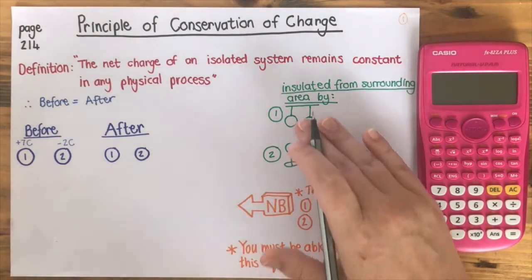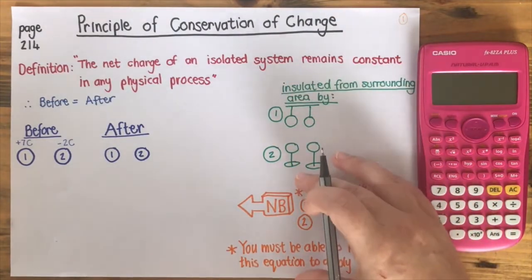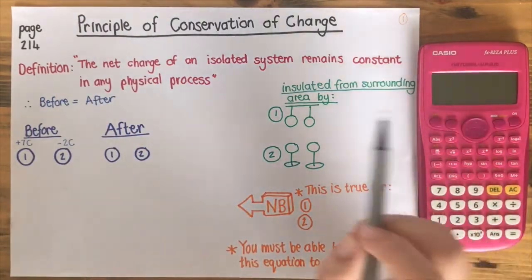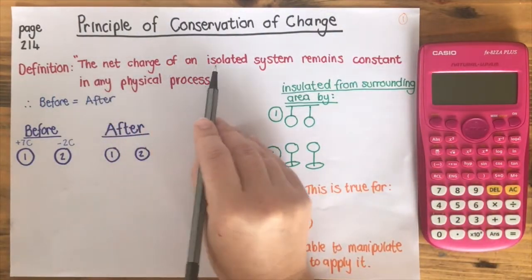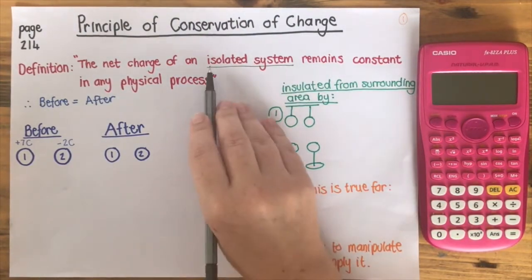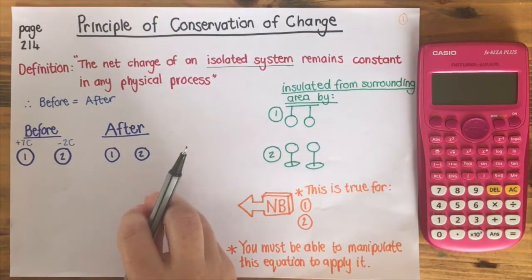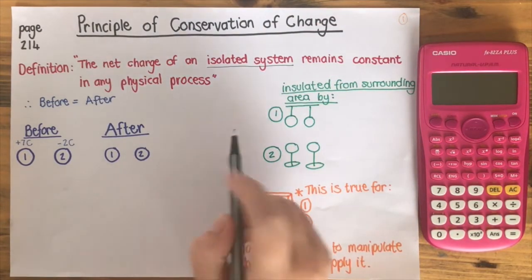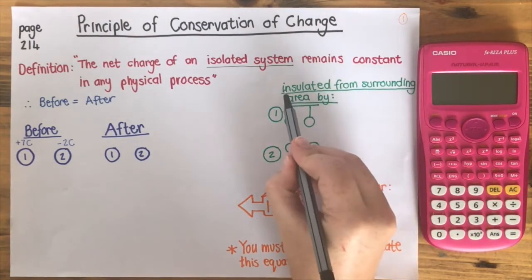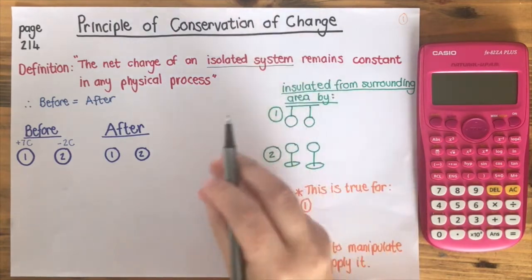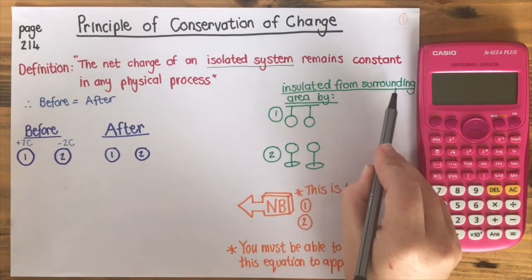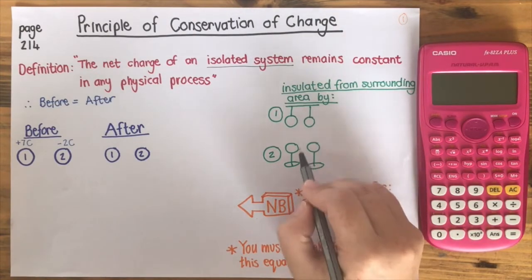So I'm going to conquer this green and orange stuff first, and then I'll go on to the mathematical stuff after. The first thing that we need to look at over here is isolated system. If something is in isolation, it is completely removed from its surroundings. So an isolated system means that the spheres used in the example must be insulated from the surrounding area by doing one of 2 things.